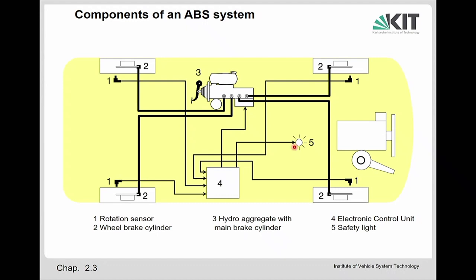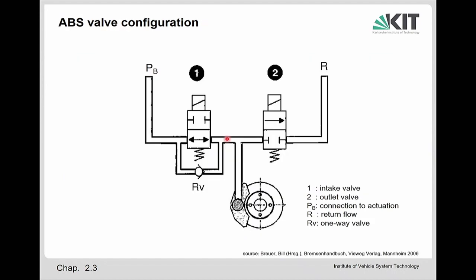Okay, so these are the main components. And these control valves control the wheel brake cylinders. Here's the wheel brake cylinder. This is the brake disc. Here are the brake pads, and this part here is the wheel brake cylinder, which presses the brake pads onto the disc. And this is a brake line here.